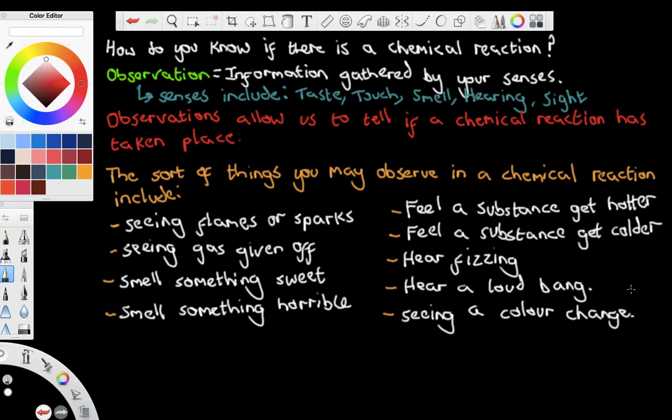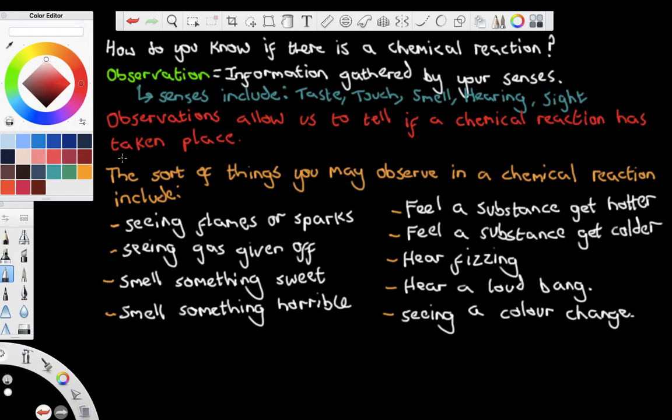These are just some of the ways that you might be able to observe that a chemical reaction has taken place. So, how do you know if there is a chemical reaction? You make an observation, which is information gathered by your senses, which include your taste, touch, smell, hearing, sight. Observations allow us to tell if a chemical reaction has taken place.